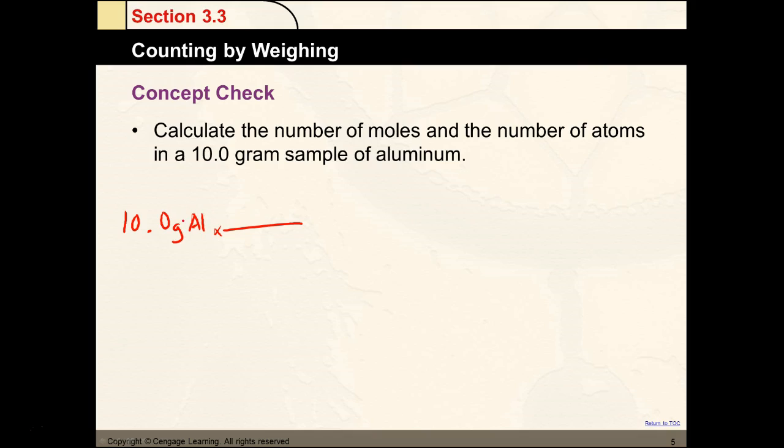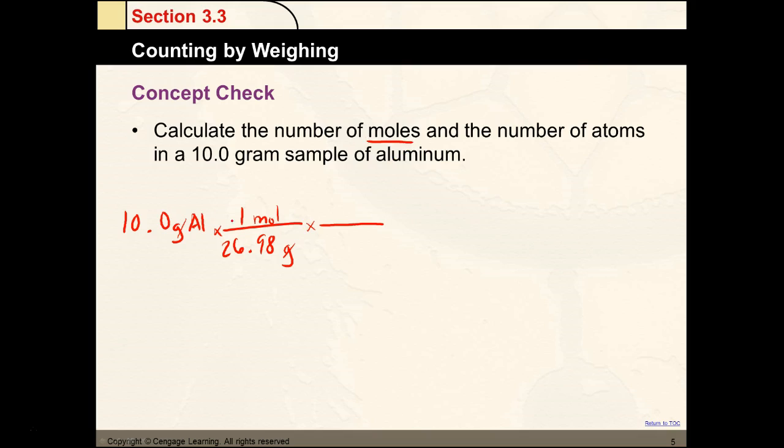So if we look up aluminum on the periodic table, you would find that its average atomic mass is 26.98 grams, and that's in 1 mole, right? You need to have 1 mole of aluminum to have this average atomic mass. So we put 1 mole on the top. Our grams are going to cancel out, and we're going to continue. Now, we could stop here, and we would get our number of moles.